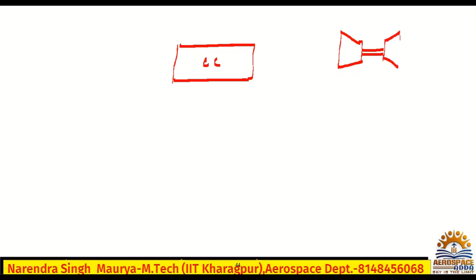As we know, if you go for the combustor, this is the combustion chamber. I can give the standard numbering for the jet engine: compressor, combustion chamber, turbine.